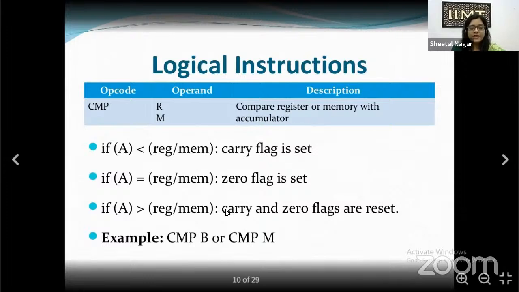Hence the zero flag will be set after execution of the CMPB instruction if the contents of both the accumulator and the general purpose register are the same.